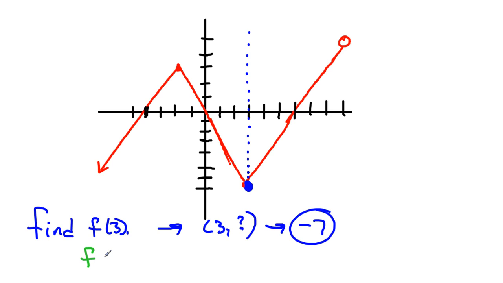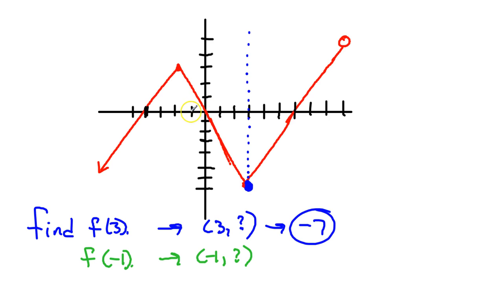Let's do f of negative 1. As far as ordered pairs go, we've got an x value of negative 1, so find the ordered pair at negative 1, and go up until you hit the graph, or go down until you hit the graph.